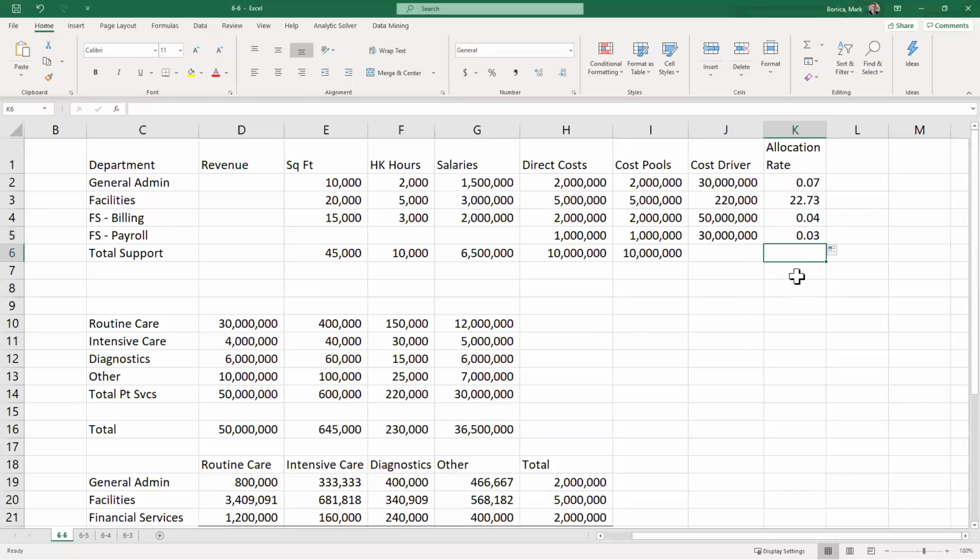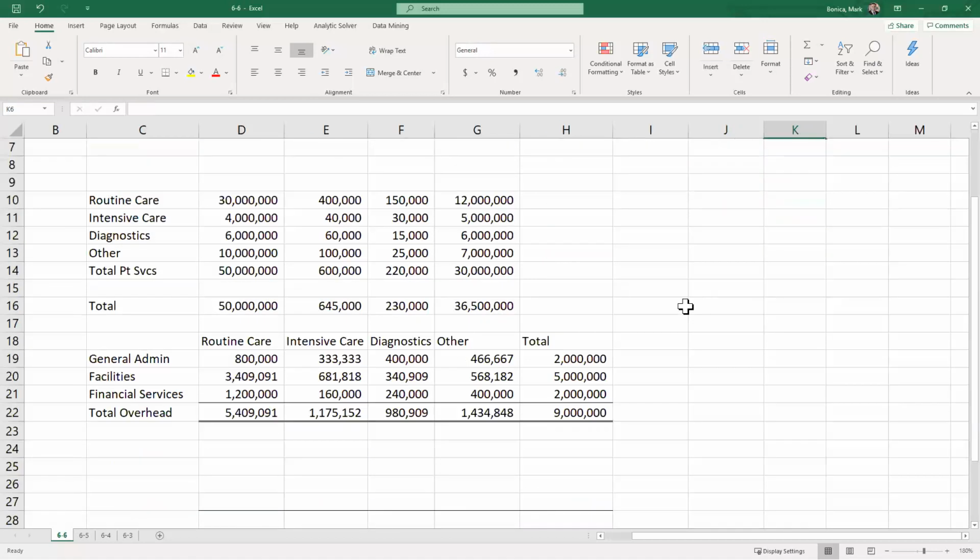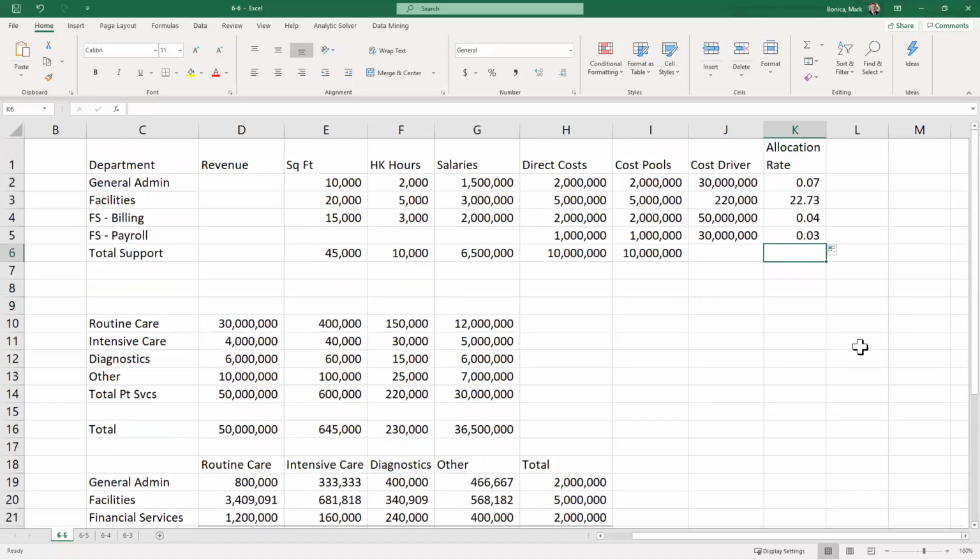So those would be our new allocations, or excuse me, allocation rates.